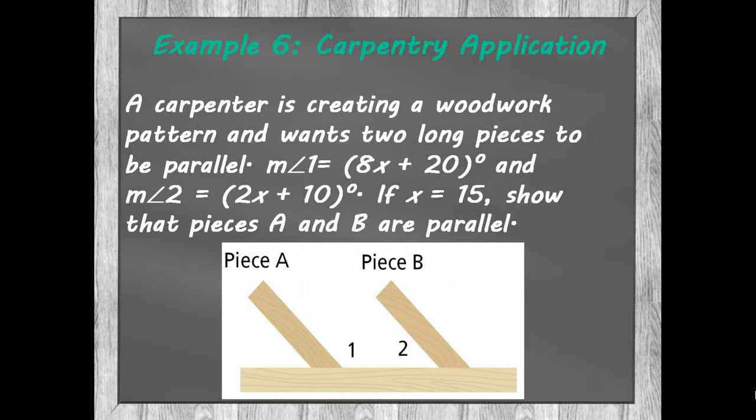If x equals 15, show that pieces A and B are parallel. So we are looking at these lines that are cut by a transversal. These would be same side interior angles. If we can prove that they are supplementary, then we can prove that piece A and piece B are parallel.